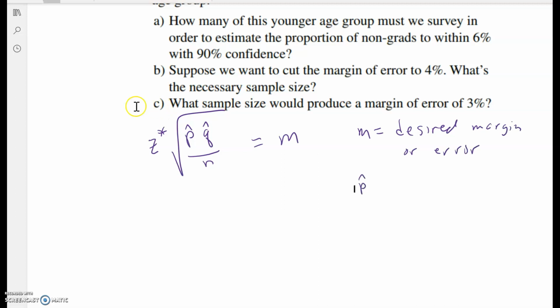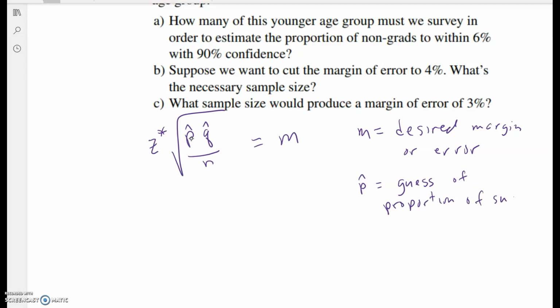Now, of course, you don't know exactly what p hat is because you need a sample to take p hat, but you can't get a sample until you know how big your sample is going to be. And so p hat is a guess, a guess of the proportion of successes in the sample.